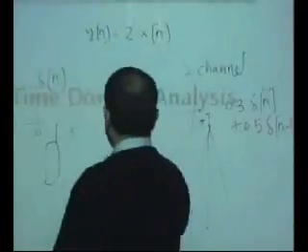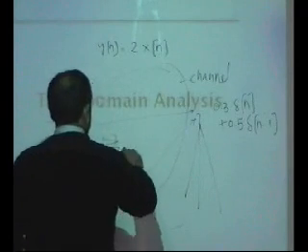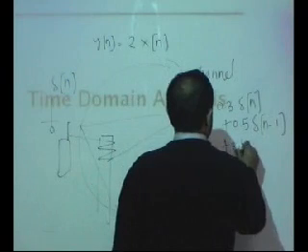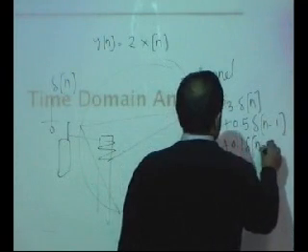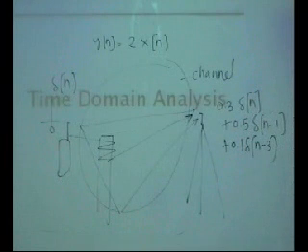Then let's assume there is another copy of the same impulse getting through this building and reaching here attenuated and delayed by, let's say, 2 time units or 3 time units. So now this is a system.